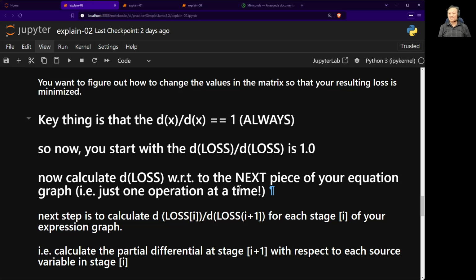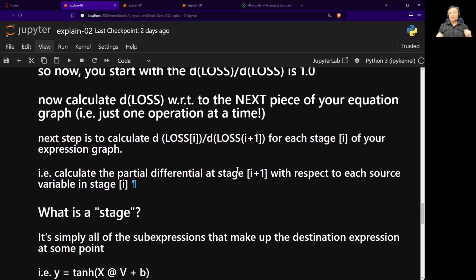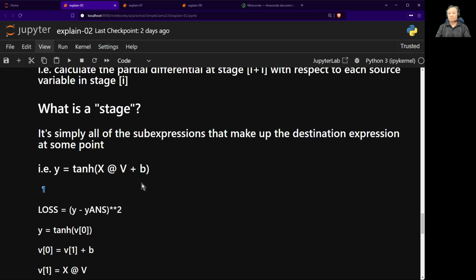So what is the next stage? The next stage is basically the linearized sequence of sub-expressions in your complex neural network. So for example, let's assume that this is your neural network. X is the matrix and v is the input, and you have some bias, b.